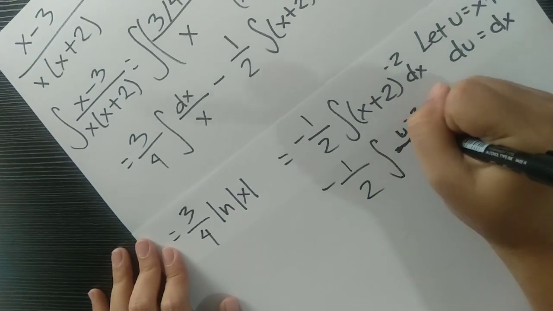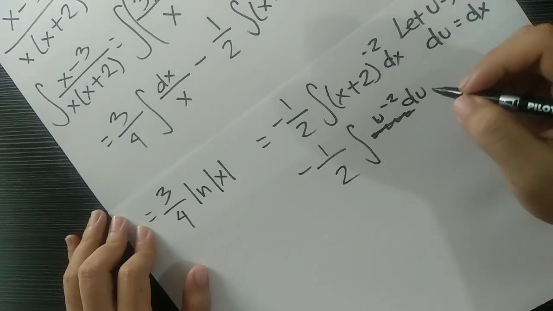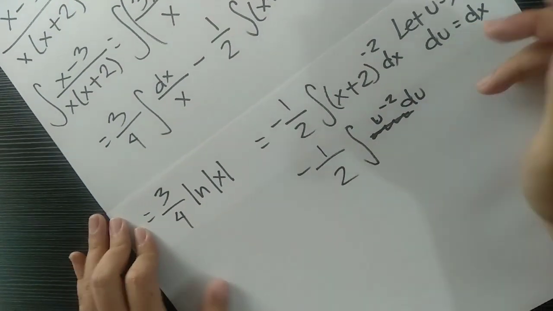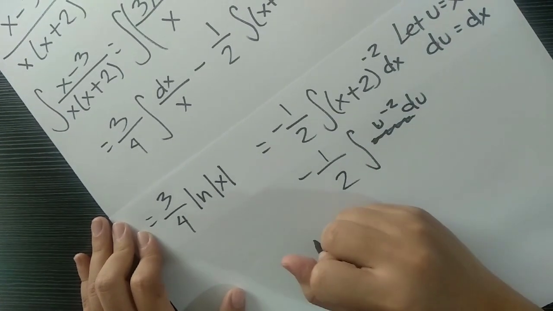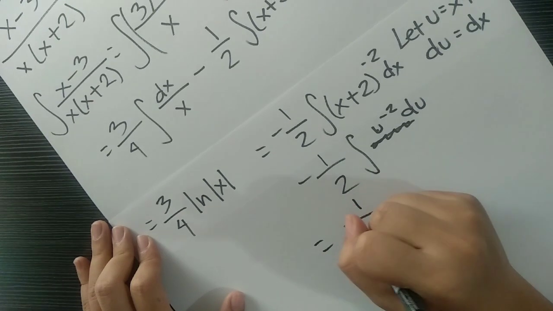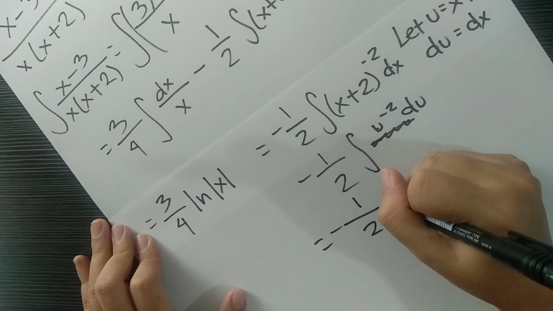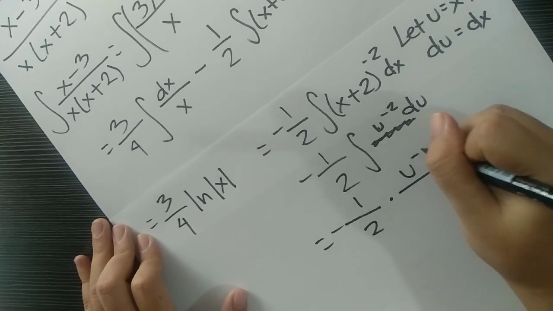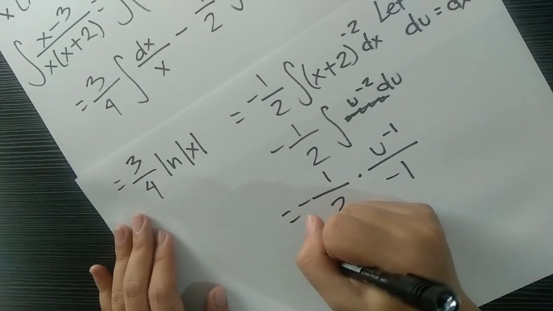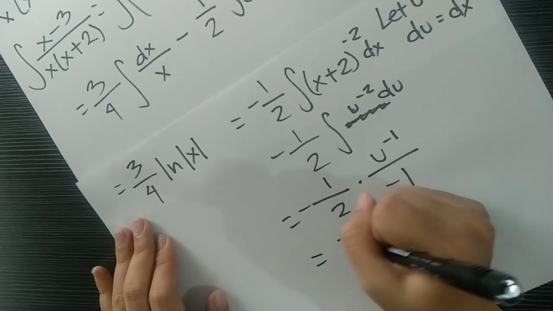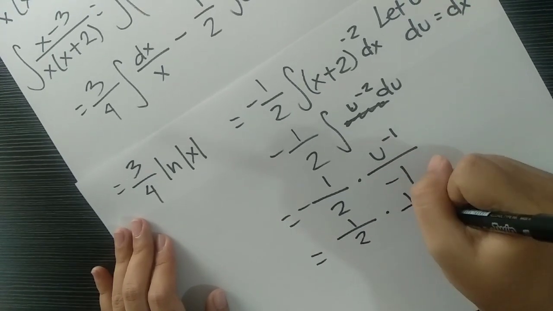Let's use the power formula, and we'll get negative 1/2 times u raised to negative 1 over negative 1, which equals 1/2 times 1 over u.